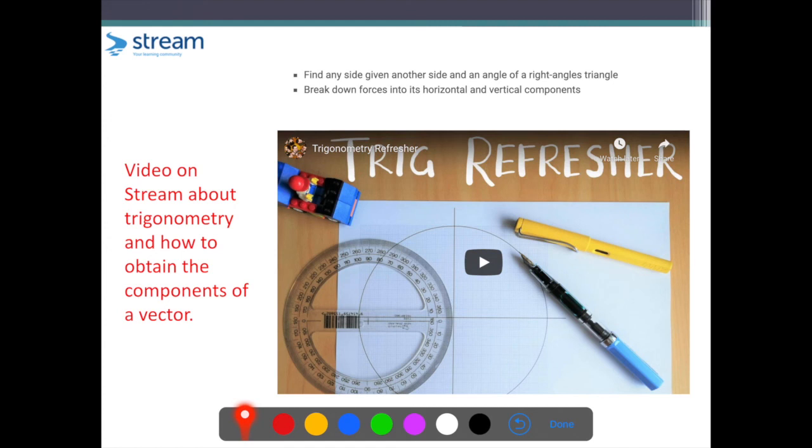And then in the next lecture, when we go to forces and Newton's laws and we apply vector free body diagrams and solving vectors, then you will apply what you've learned on components of vectors.